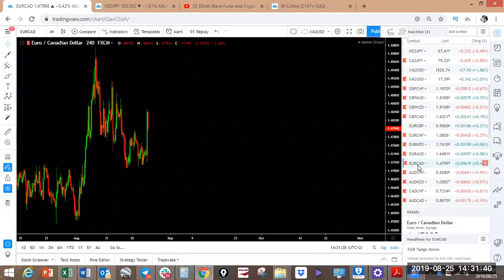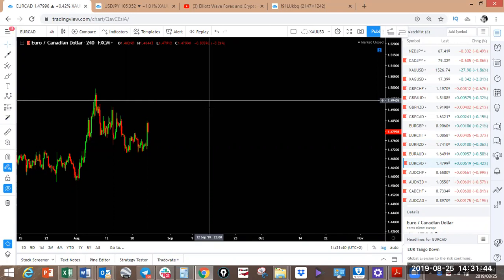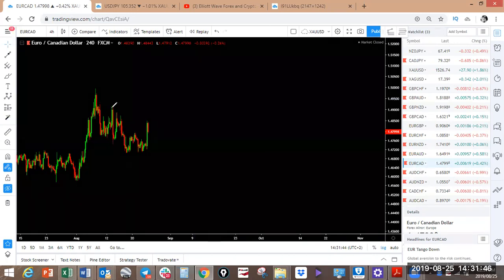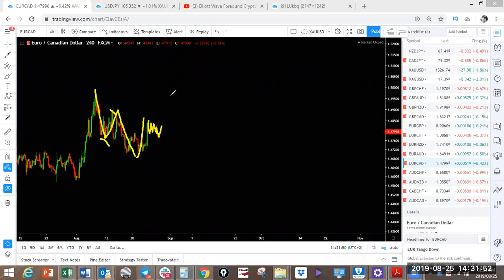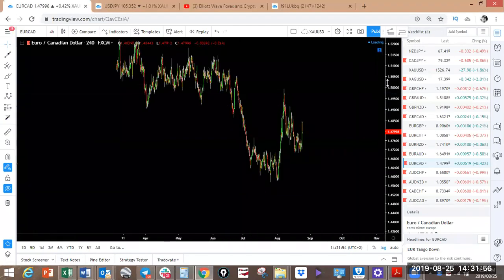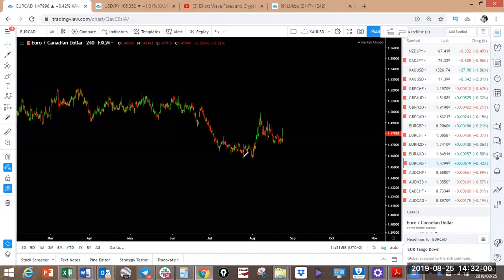Now EURCAD has made a three-wave move to the downside, pullback rather, 1, 2, 3, 1, 2, 3, and now we're pushing up with this one. We're going to correct and push a little bit higher. Let's see. So what this will look like now is a pulsing move. It's a 5-wave move to the upside.